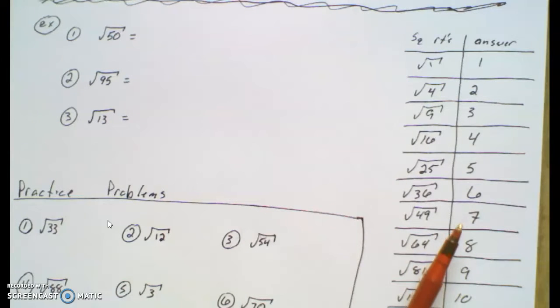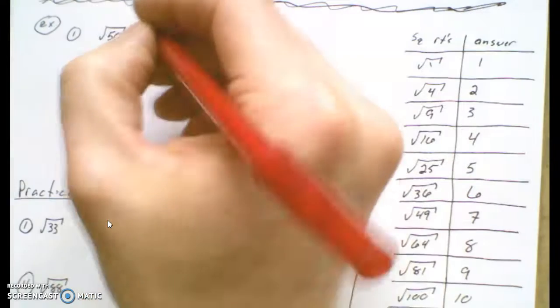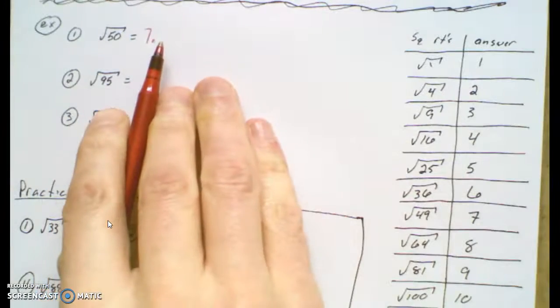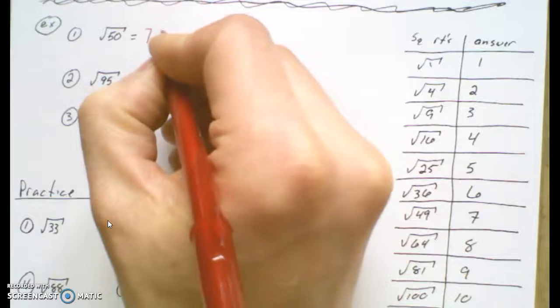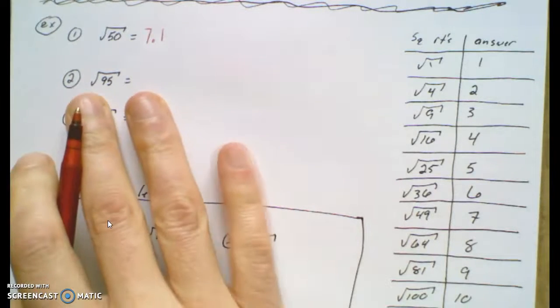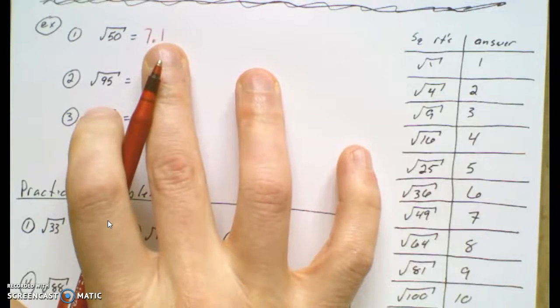And what we're going to do for all of these is we're going to approximate them, right? So I'm just going to come over here and give an approximate. So I'm going to go 7 point something. And since I know it's much closer to 7 than to 8, I'm going to go 7.1. Okay? And that's all we're going to do. We're just going to go one decimal out and approximate it.